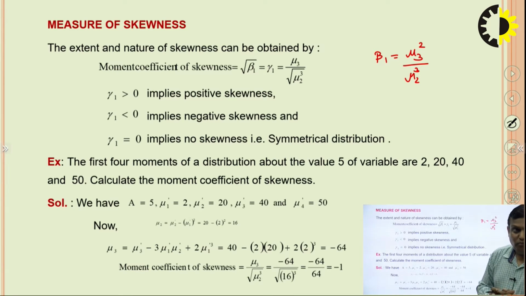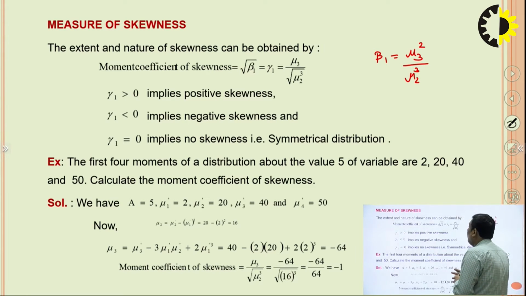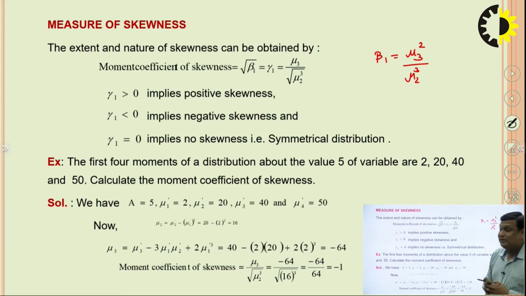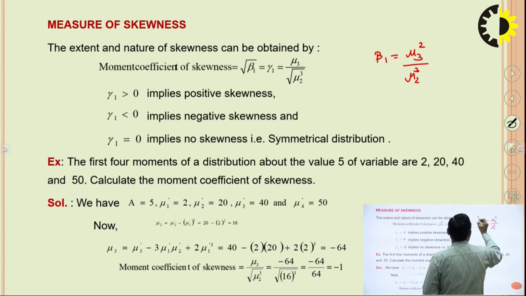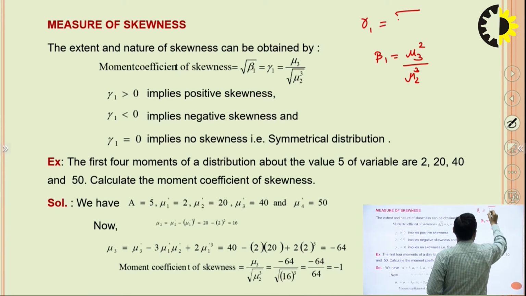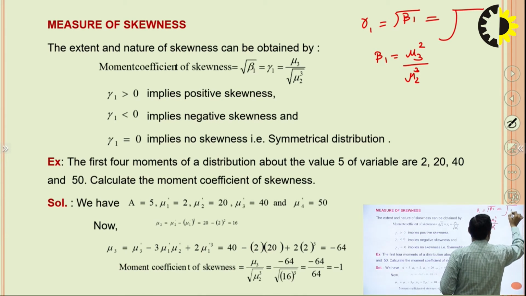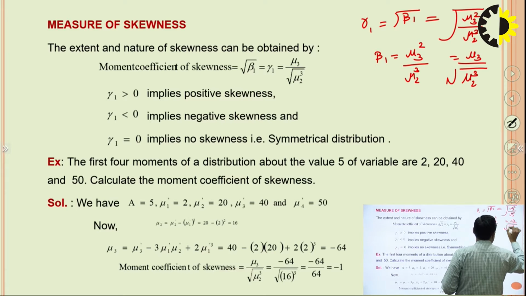So from moments we have to find the value of beta 1, mu 3 square upon mu 2 cube. So the coefficient of skewness is gamma 1, and gamma 1 is equal to under root beta 1, which means mu 3 upon under root mu 2 cube.